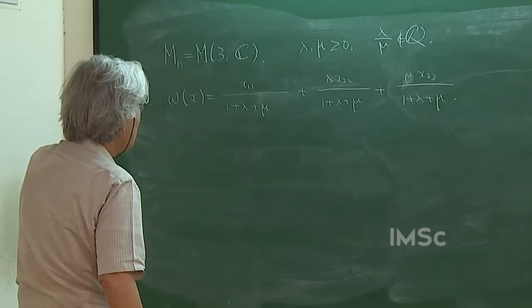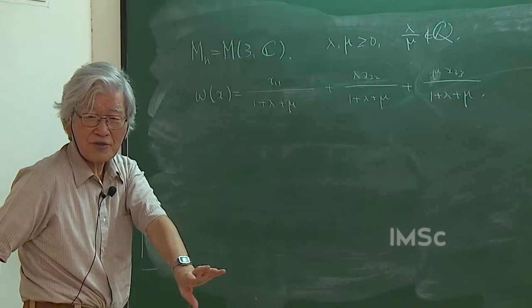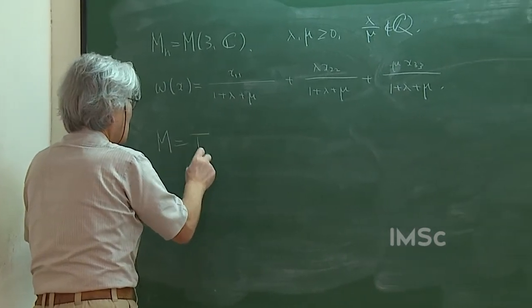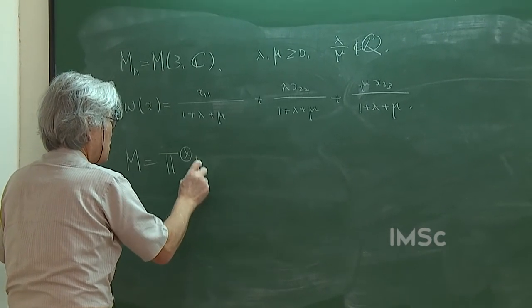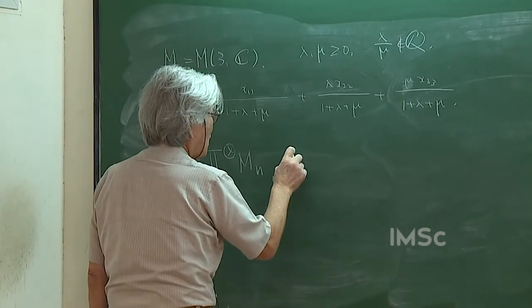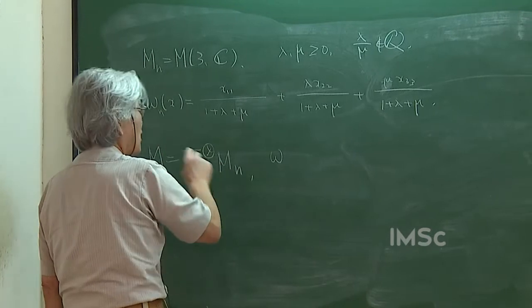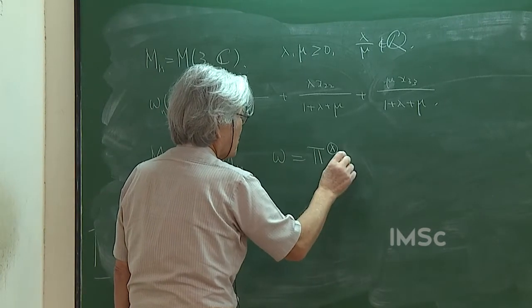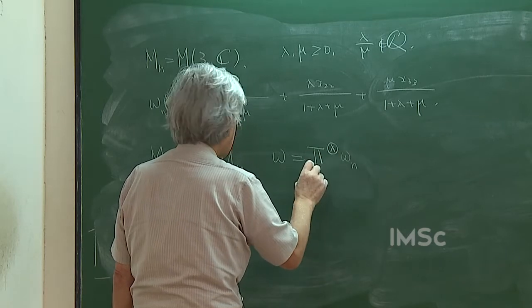Now you do exactly the same construction. So you have now the 3 by 3 matrix tensor product, and omega, there's omega_n. This is the tensor product of the omega_n.